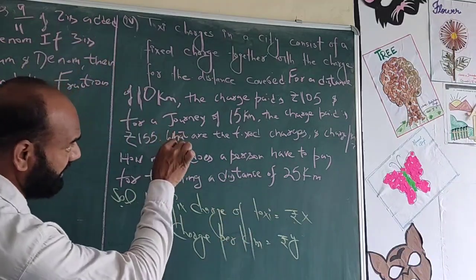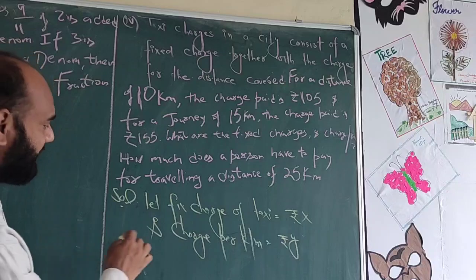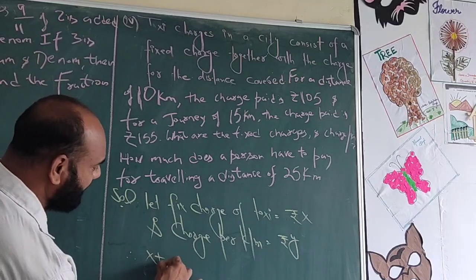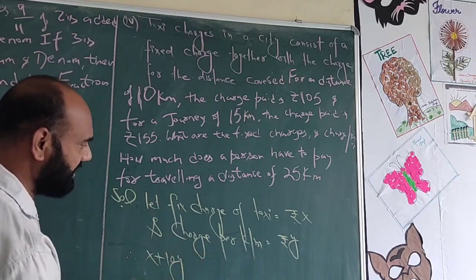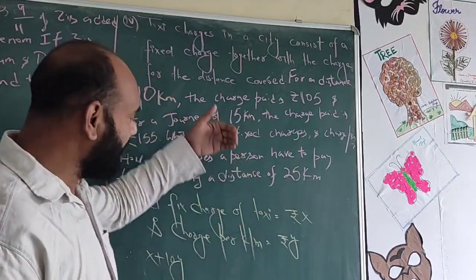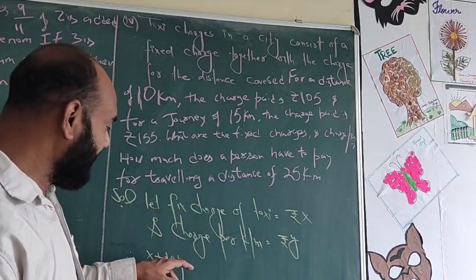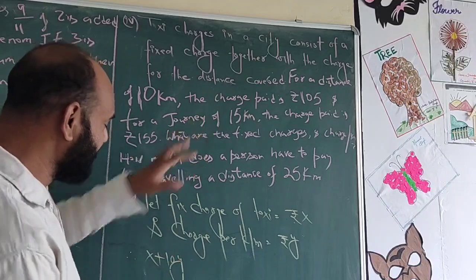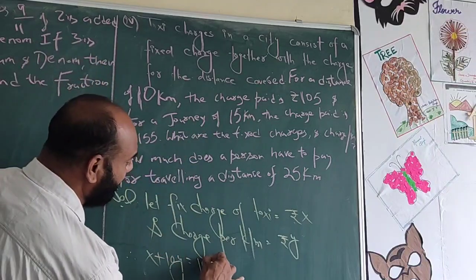So this statement can be converted into the equation x plus 10y, because when the charge per kilometer is y, then the charge of 10 km is 10y, and 10y plus the fixed charge is equal to 105.